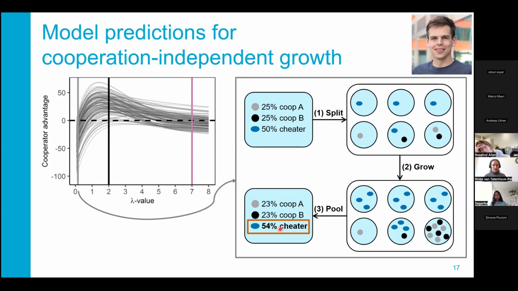So this is what explains what happens at these low lambda values. You simply have too many compartments where the cells can grow a little bit, and that still allows them to outcompete the cooperators. And the model then also predicted that there is a regime in between, at an average lambda value of 2, where the cooperators can outcompete the cheaters.